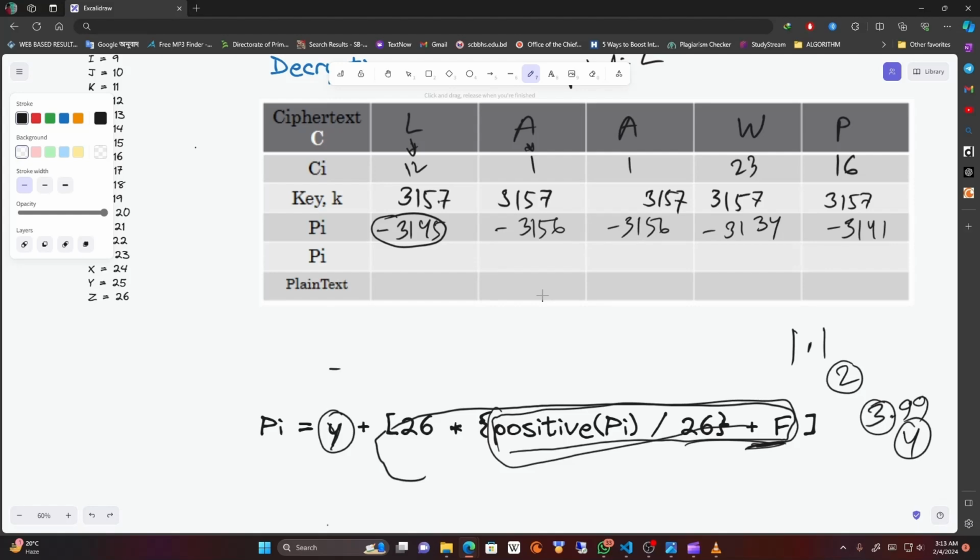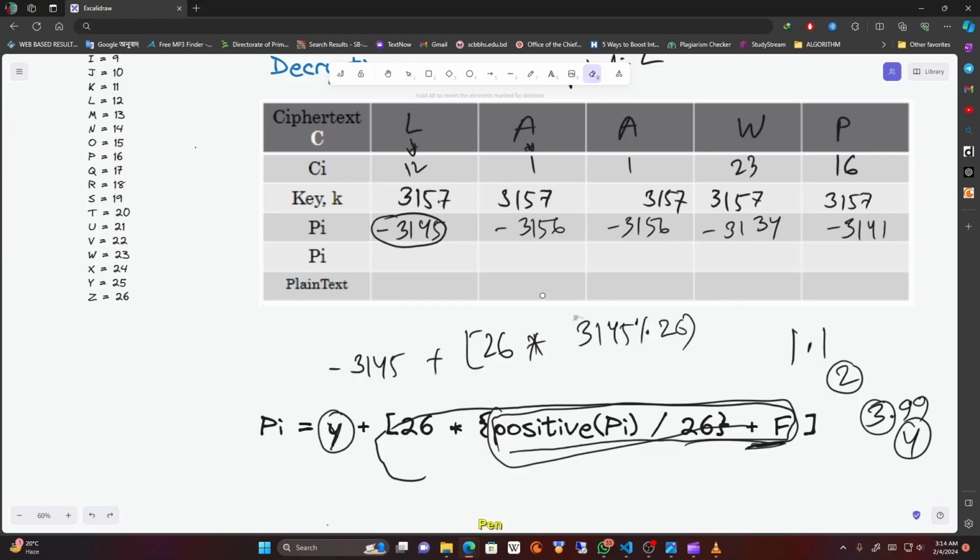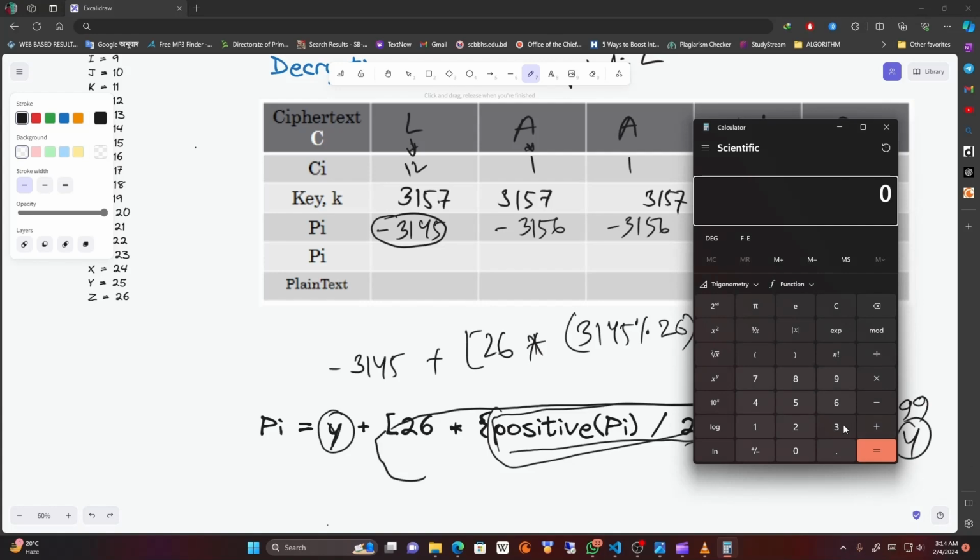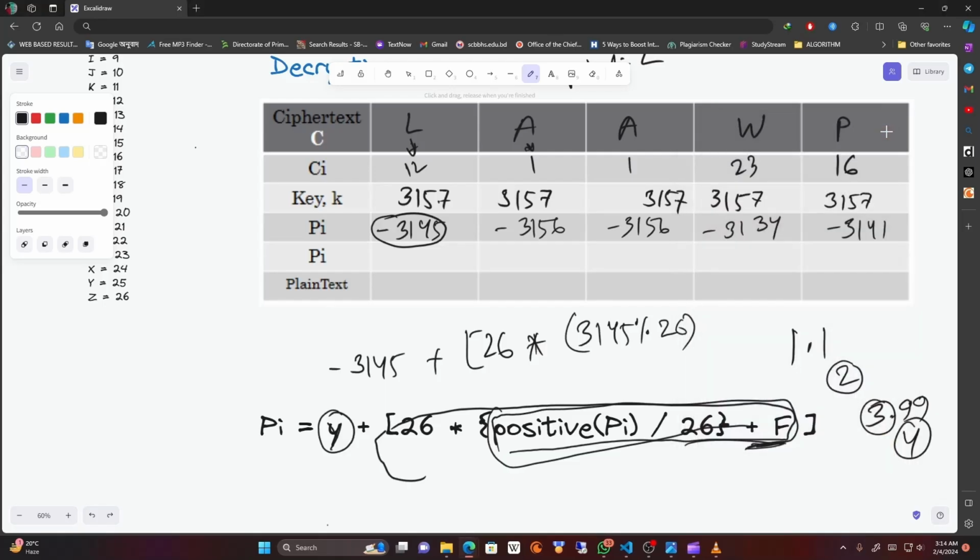Okay, so let's do this. According to the first one, 3145 is our plain text index value, plus 26 into, so if we divide 3145 by 26, we get 120.96.